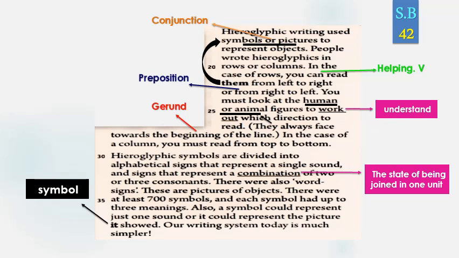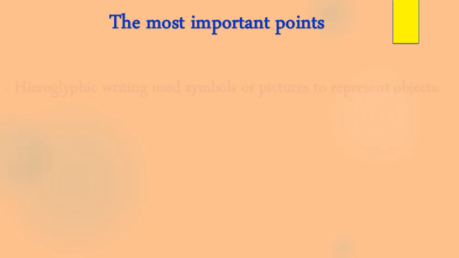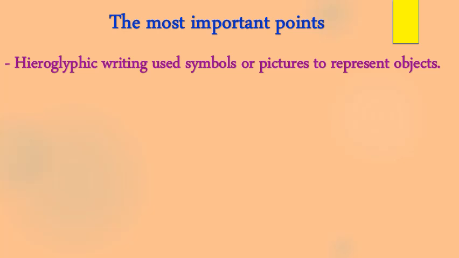Now let's move to the most important points of the lesson. Number 1. Hieroglyphic writing used symbols or pictures to represent objects. Number 2.